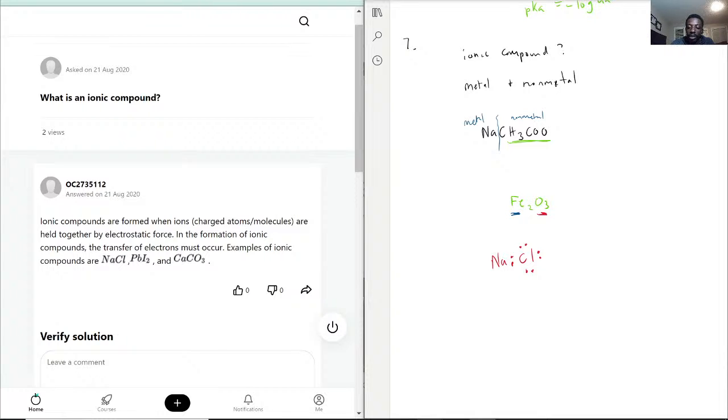But because metals can in a sense shed away their electron, they can fully donate the electron over to the non-metal, it'd actually be more like this. So we have our negative and our positive. If I space it out, it'd be like that, NaCl.